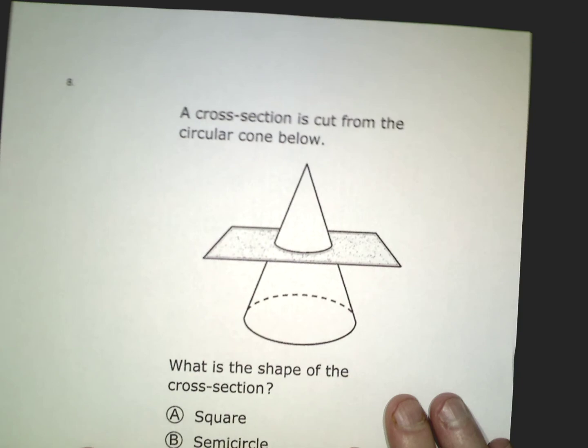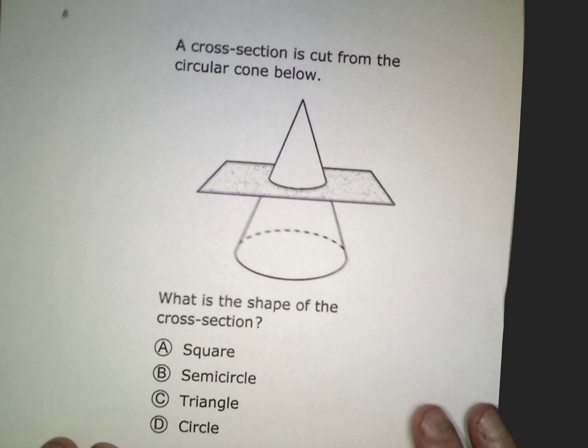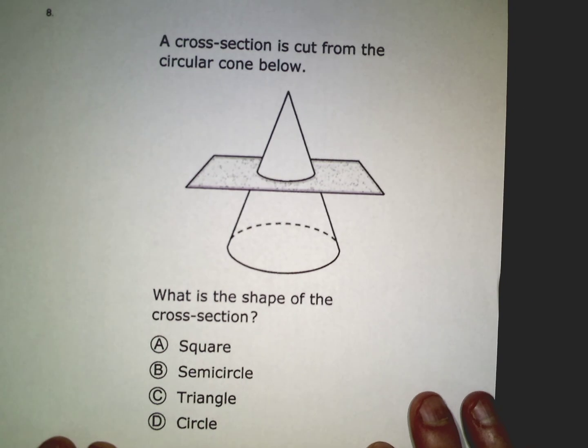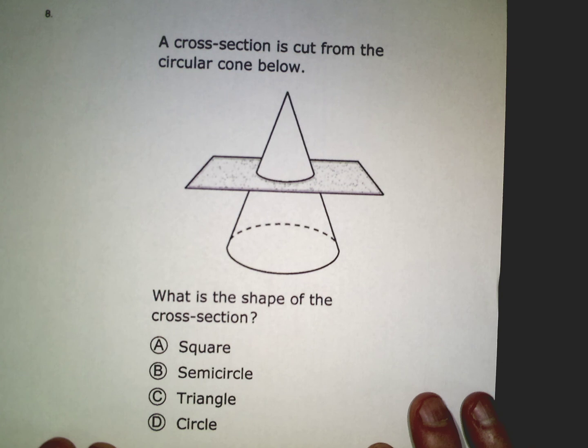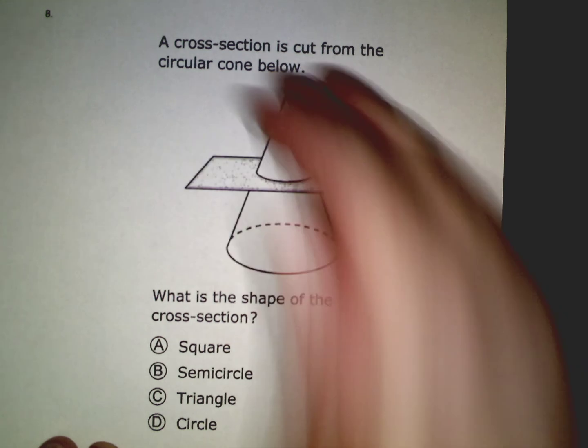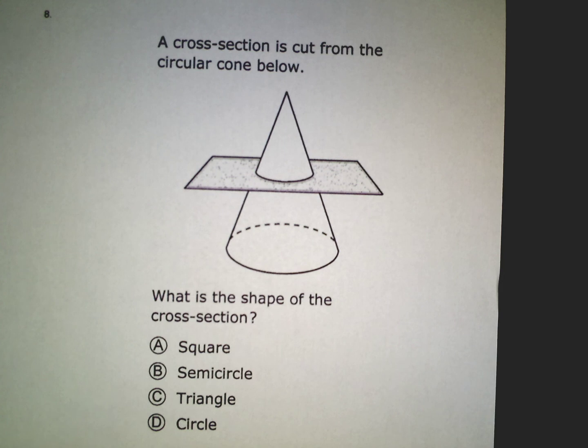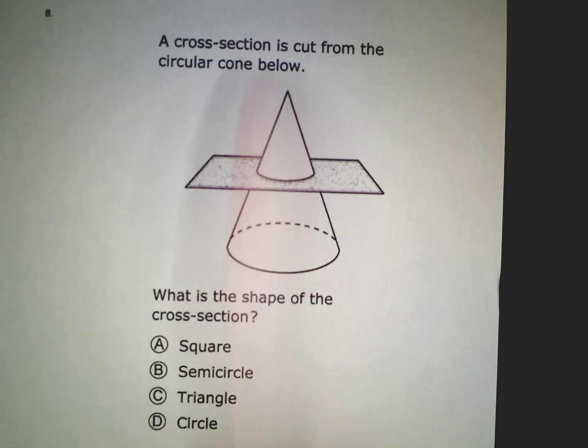Okay, next one. Well, that was on question 7. This is question 8. Okay, cross sections again. Remember, this is going back to our experiences doing cross sections, right? Imagine an object maybe made out of Play-Doh, and we're cutting it with a knife.